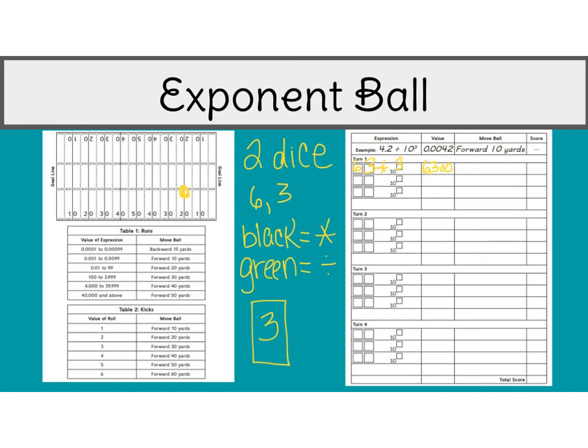So I would write forward 40, and I can't quite fit all of that there. So then we could change our marker. Now it's not going to be 20. So 20 plus 40 is going to be 60. So I would move that marker to the 60-yard line.